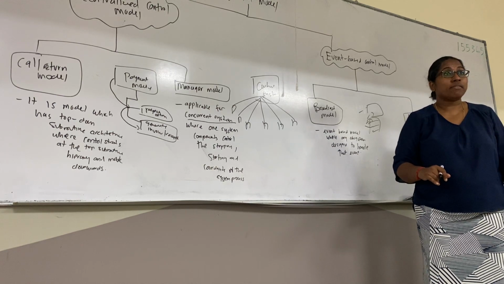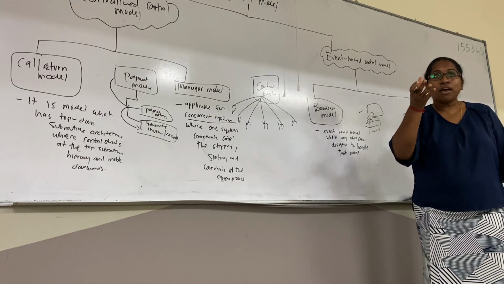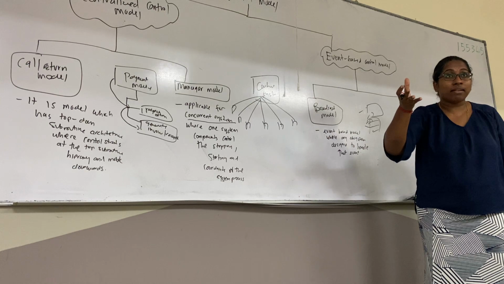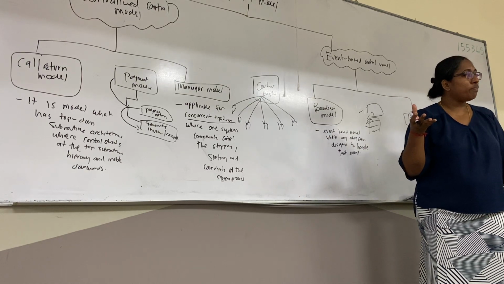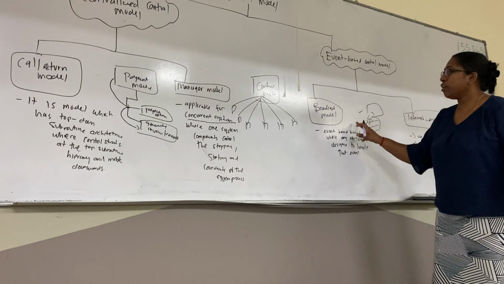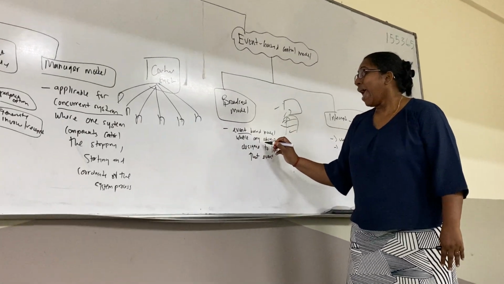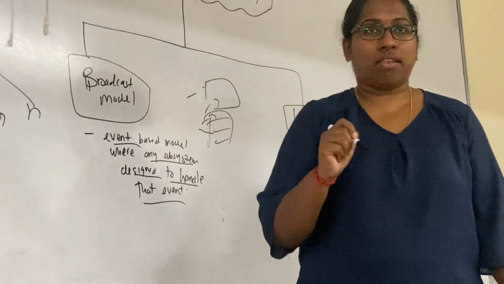When the time has expired, you have to go back to the initial process, which is to log in again, right? Isn't it? Yes or no? Yes. Okay, that is called the broadcast model, which you can see is an event-based model where any subsystem is designed to handle that event.